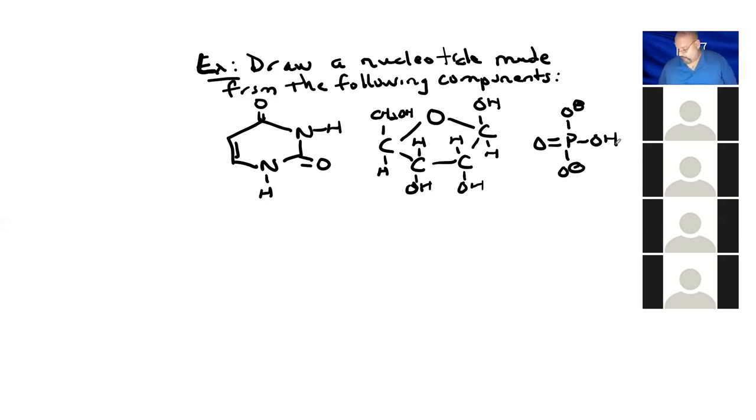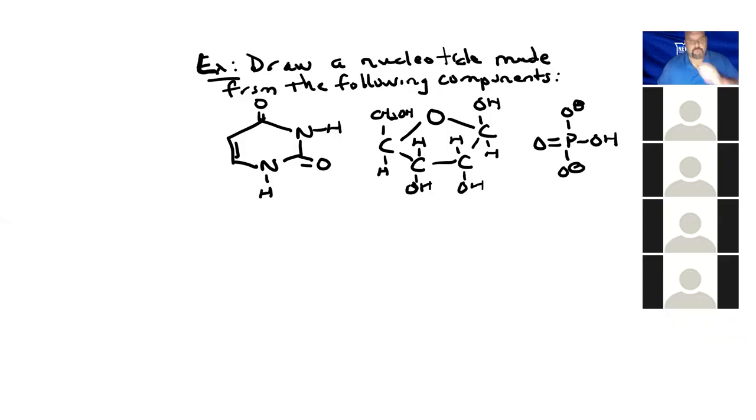So the three components of a nucleotide are, of course, phosphate, sugar, and base. And if we give you the three components of a nucleotide, we need you to be able to put them together in order to give us our nucleotide.